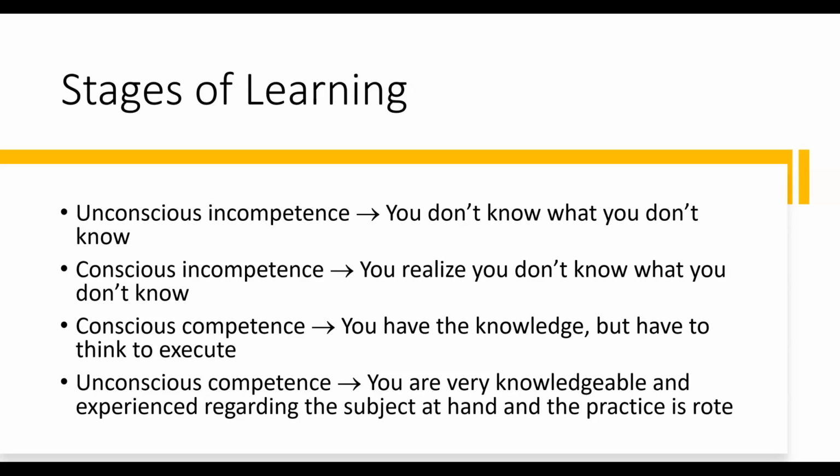And we get to a point where we might have the knowledge, but we have to think to execute the knowledge. So a lot of times researchers will do risk assessment out of experience, but they don't do a complete risk assessment because they're just basing it on whatever prior biases they had.